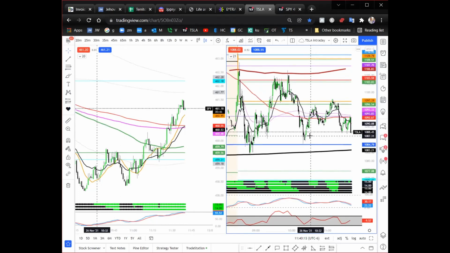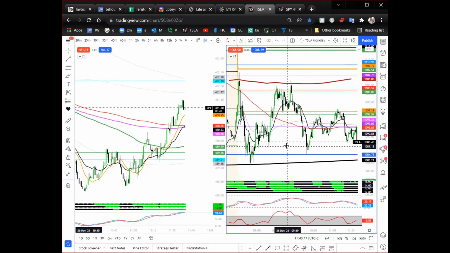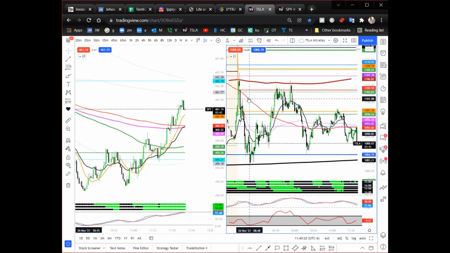Now here's a prime example over here on Tesla. Look at all these different moving averages I have on here, all from different time frames. This is the 5-minute 50 MA, this red one right here. This maroon one up here is the 15-minute 50 MA, and you can see that's exactly where Tesla rejected twice today.